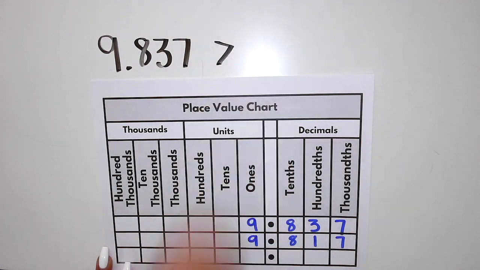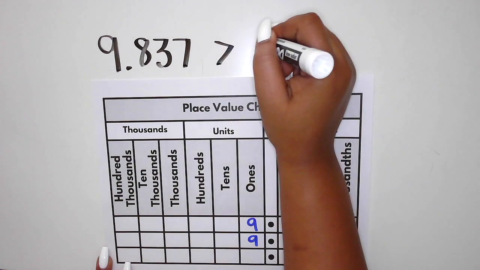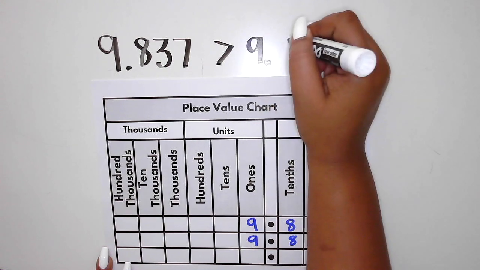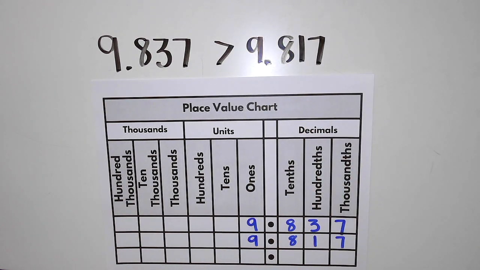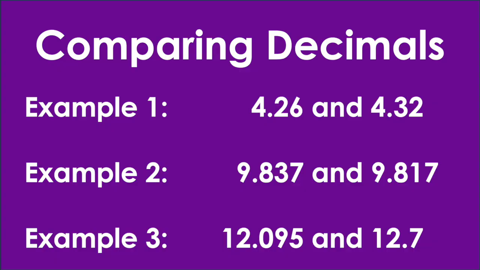Let's write another comparison statement using the greater than symbol. In this example, we needed the third greatest place value for both numbers, the hundredths place, to determine which number is greater. Example 3. Compare 12 and 95 thousandths and 12 and 7 tenths.